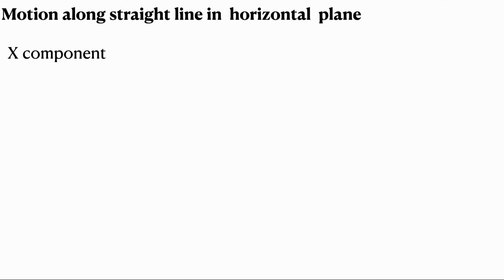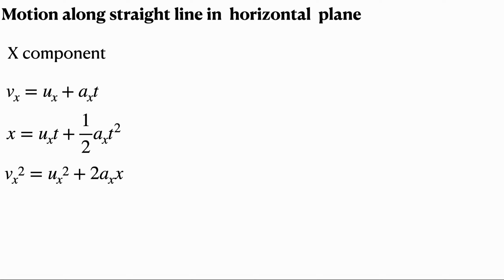So we can write the kinematic equations for constant acceleration along a straight line for both the x component and y component. For the x component, we get vx equals ux plus ax t, the second equation x equals ux t plus half ax t square, and the third equation vx square equals ux square plus 2 ax x.